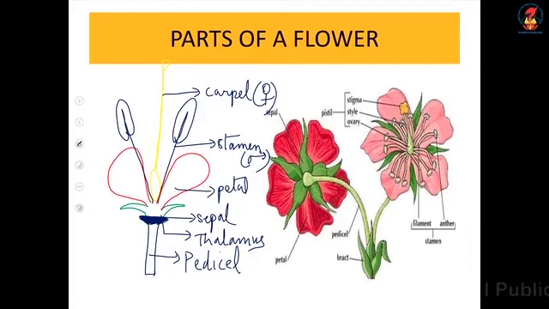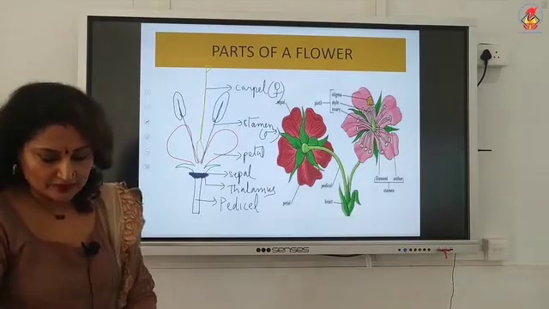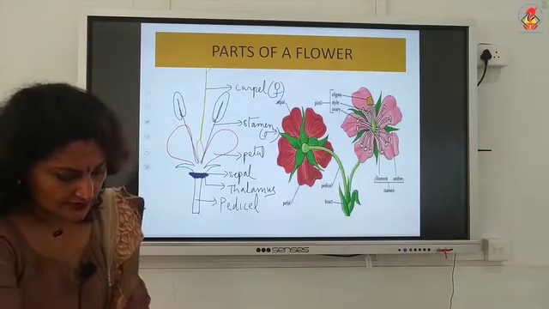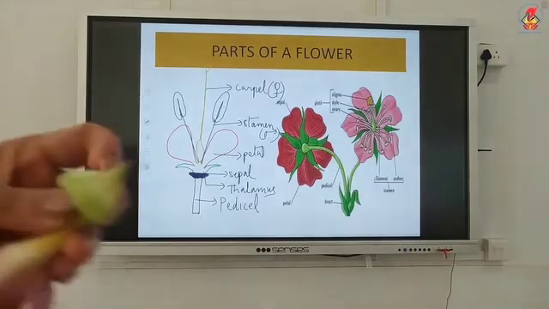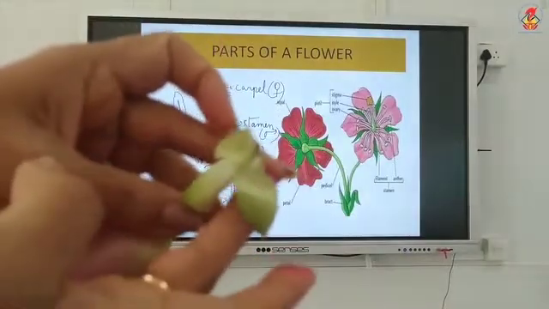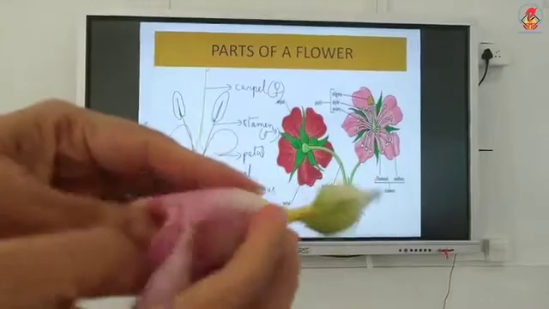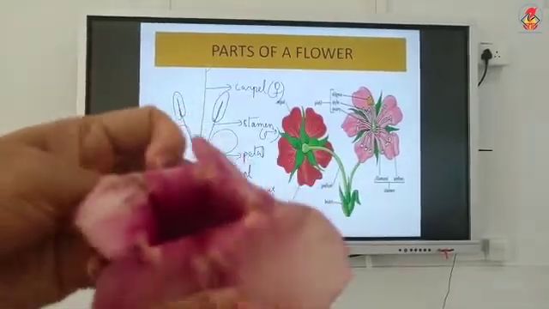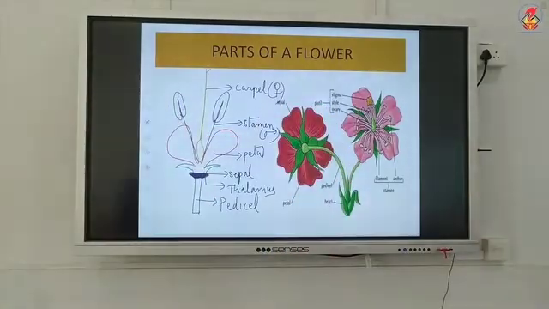Then the outer whorl made up of sepals is called the calyx. See, the outer whorl made up of sepals. So, all these sepals form the calyx. Then next whorl is the petals. This entire whorl is known as the corolla.